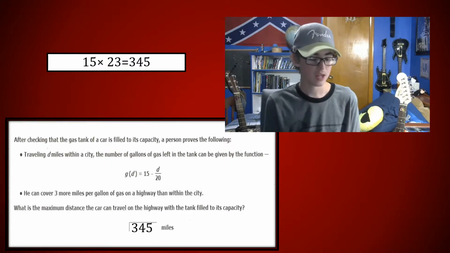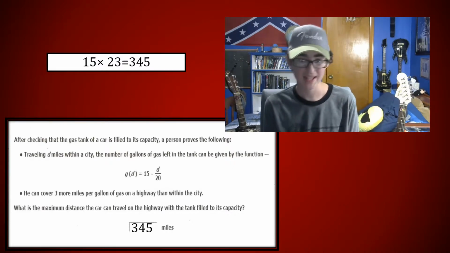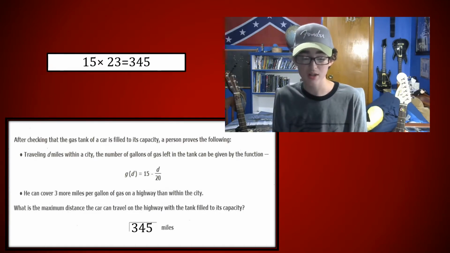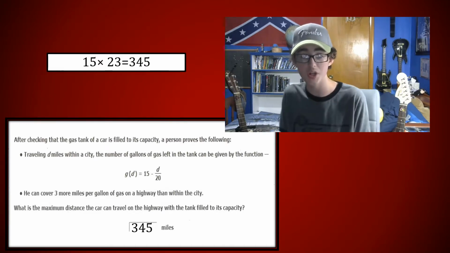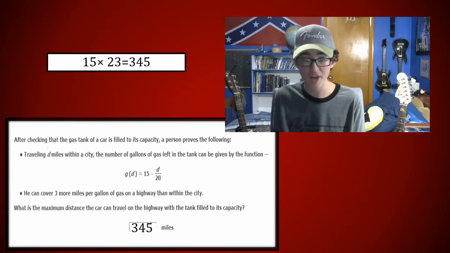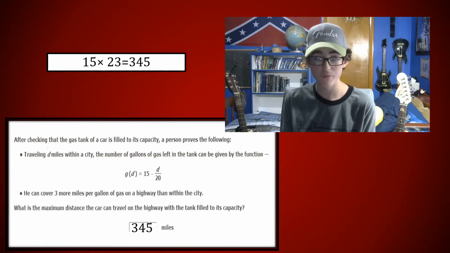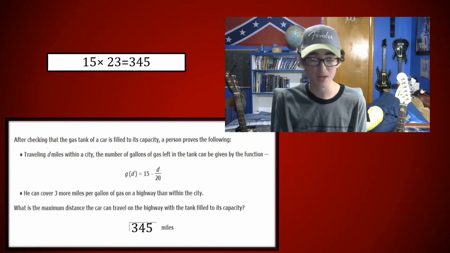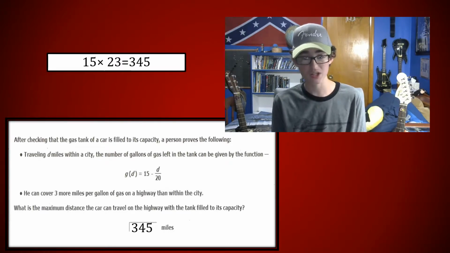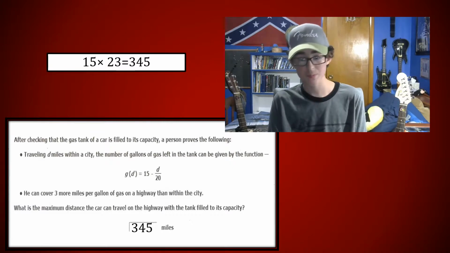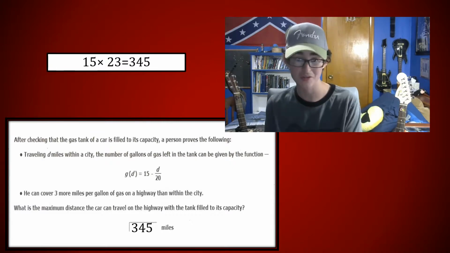Whenever you have the maximum distance in the highway, that'll give you 3 extra. So it'll be 15 times 23. When you multiply that, that'll give you 345. That'll be 345 miles in the highway, a 45-mile difference from the highway and the city. This was pretty short, but maybe others will be longer.